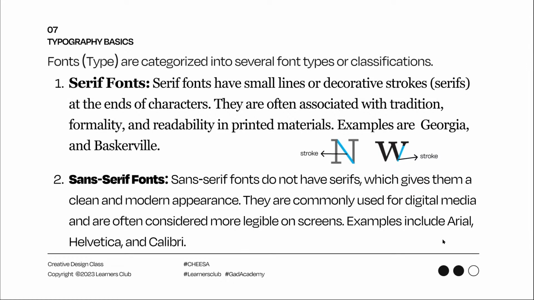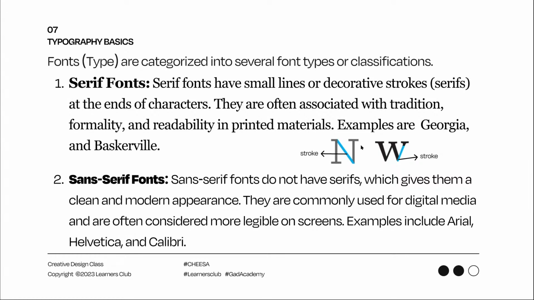What are these lines or strokes that we are talking about? That is the main line that a particular text is written with. So for example, this capital N below has a very thin stroke or a very thin line. So the whole letter is written with thin lines or medium lines.